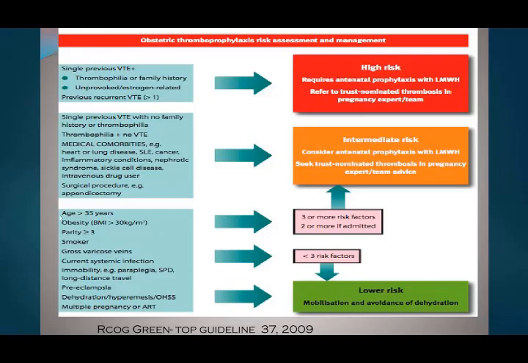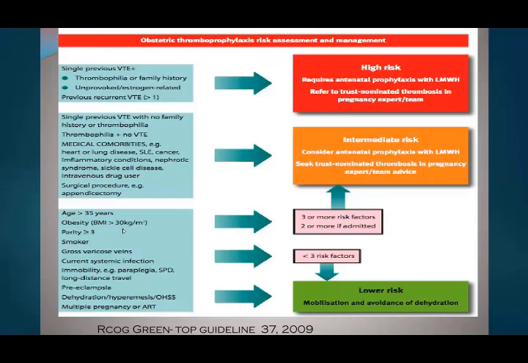Now, coming to the other risk factors which we consider: age more than 35, obesity with BMI more than 30, parity more than 3, smoker, gross varicose veins, current systemic infection, immobility, preeclampsia, dehydration, hyperemesis, multiple pregnancy.